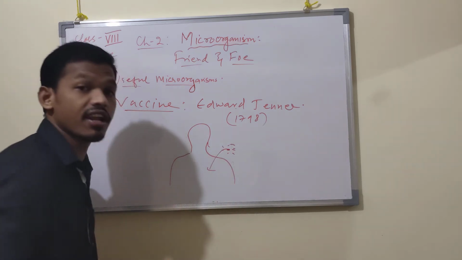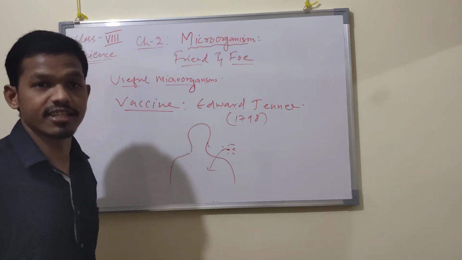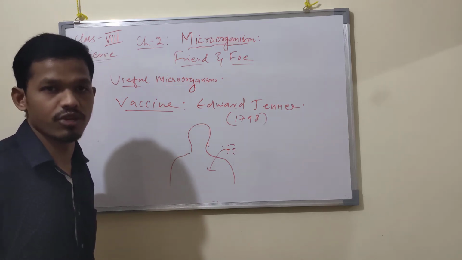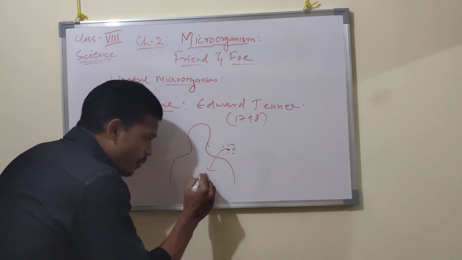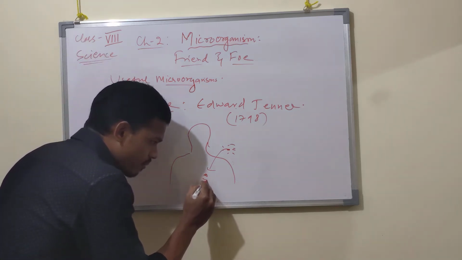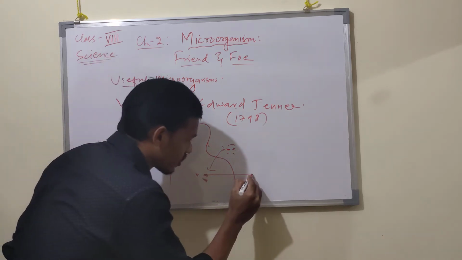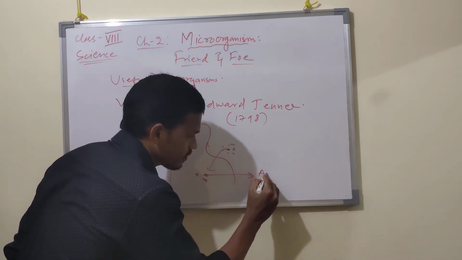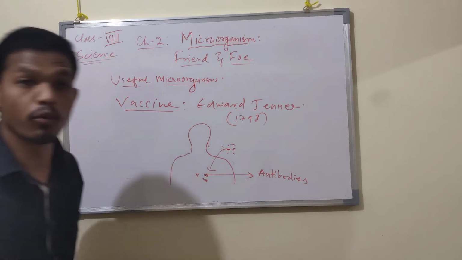Invaded microorganisms are defended by our microorganisms, that we can say immune system. So in our body there are fighters, certain microorganisms, they are fighters. Those microorganisms are known as what? Antibodies.